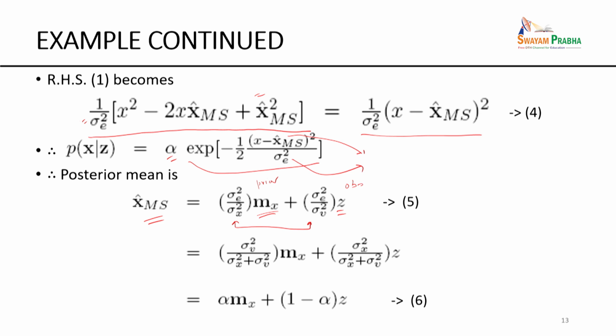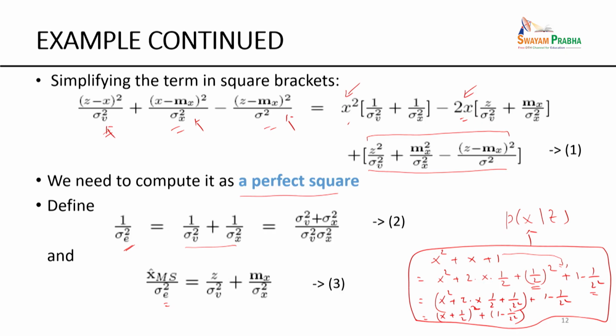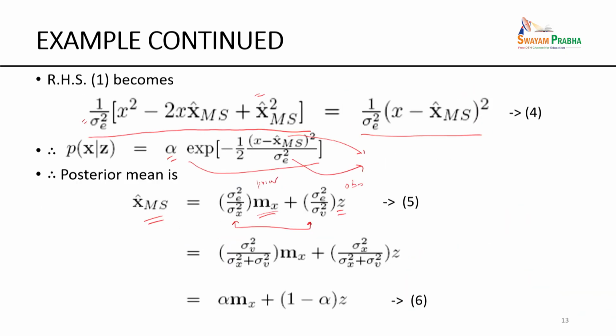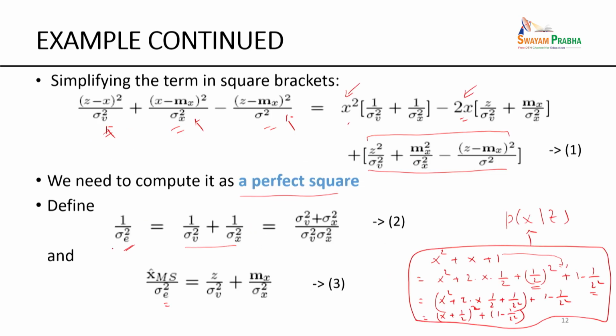So let's go back and look at that now. That's exactly 3, and 5 comes from 3. Now, this can be rewritten as this quantity by substituting for sigma square e. Please remember, sigma square e is equal to sigma square v times sigma square x divided by sigma square v plus sigma square x, coming from equation 2.